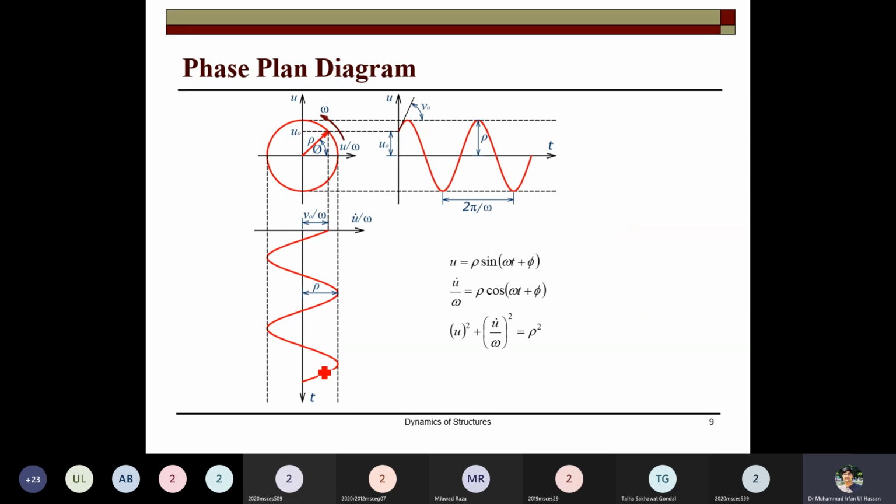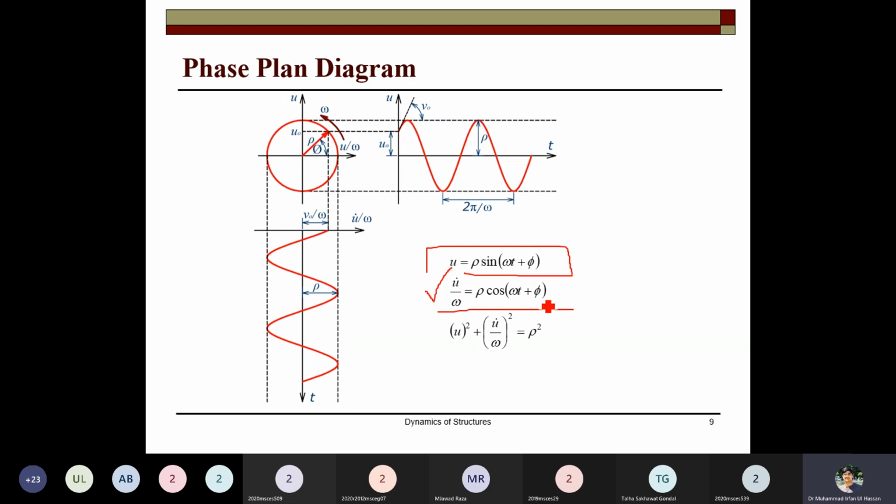When you plot the diagram of this undamped vibration, it's like that. But when you plot the diagram of u and u dot over omega, how can we compute u dot over omega? We can compute it by taking the derivative of this u. The u for an undamped system is rho sine of omega t plus phi, and we take the derivative of this and then divide by omega.